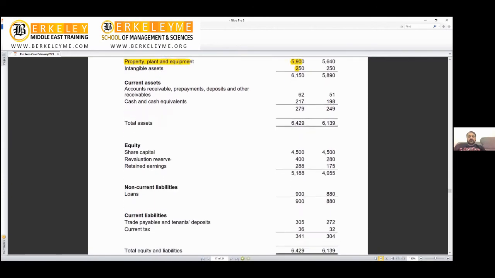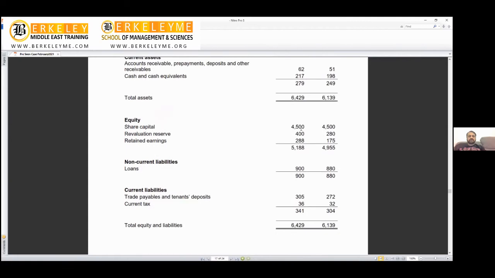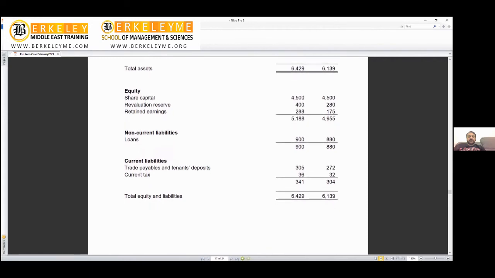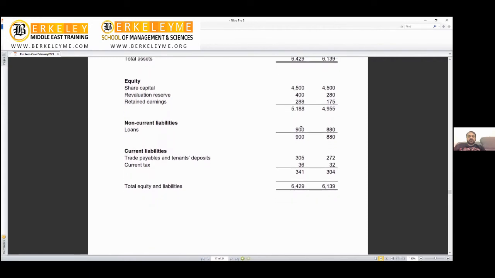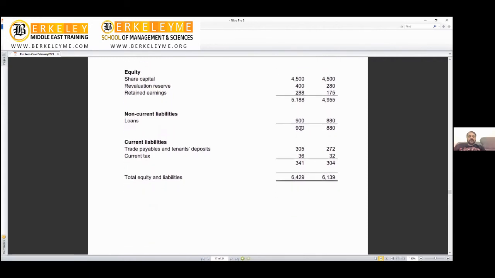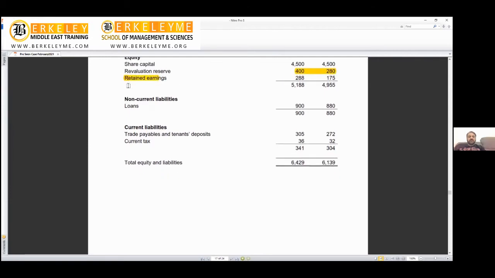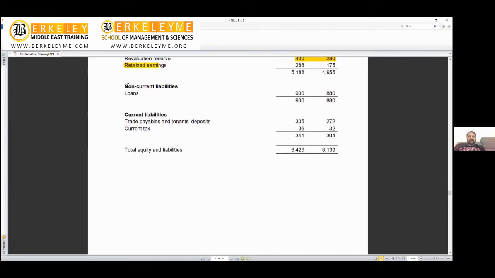Cash and cash equivalents are also growing. In equity, reserves have increased and retained earnings have also increased. The money retained after distributing the expenses is the retained earnings, which include the profit for the year as well. They also have a loan.